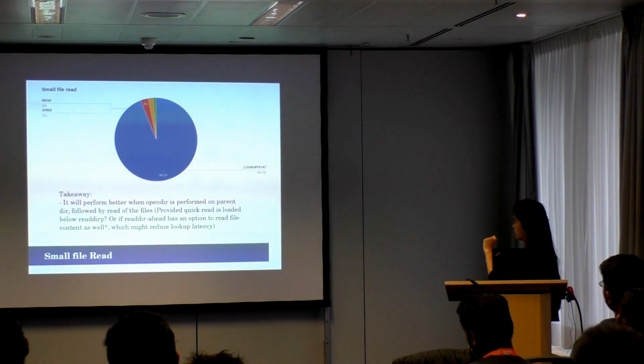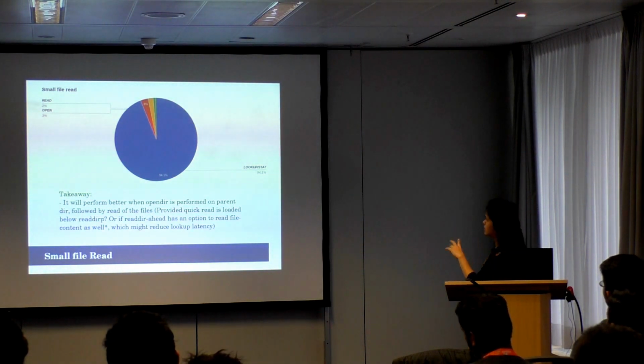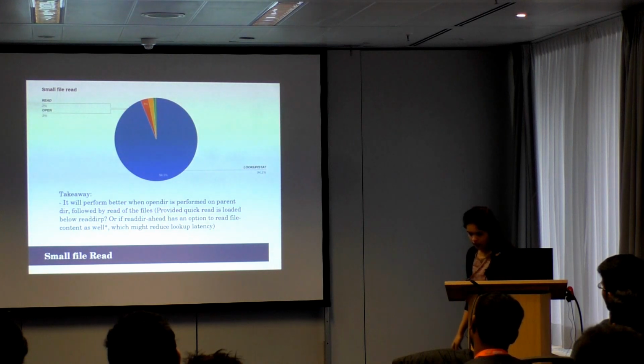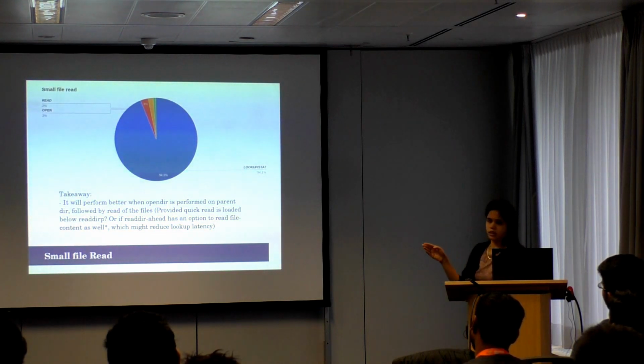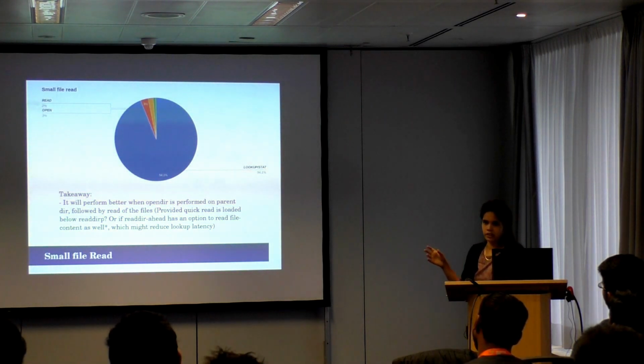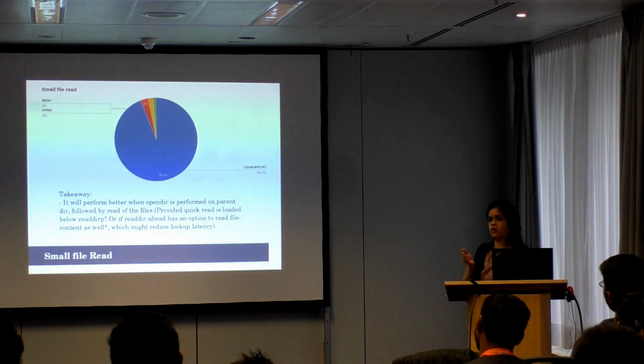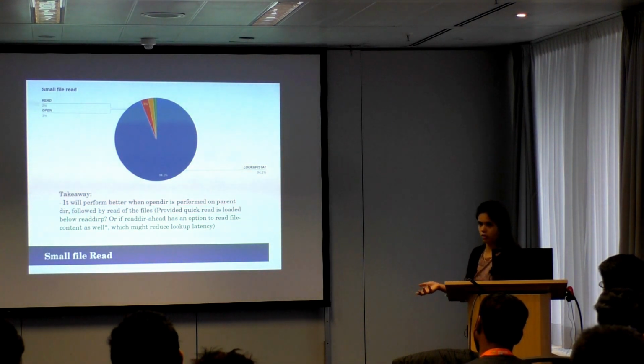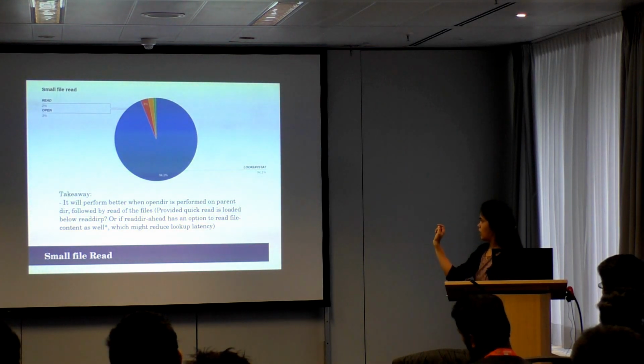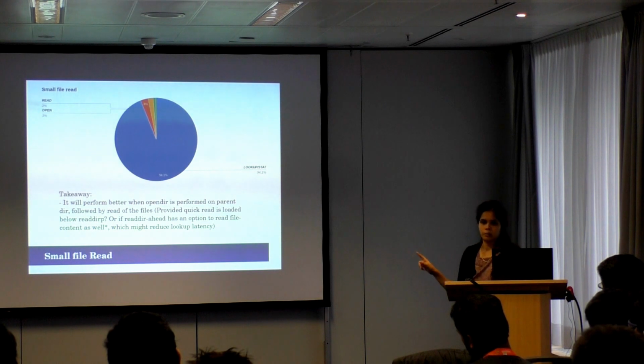But the interesting thing would be, let's say you do a cd to a directory and then a cat. If opendir was done on the parent directory, and readdirp fetched the content of all the files if they were less than some defined number of bytes, then even the lookups would not be there.